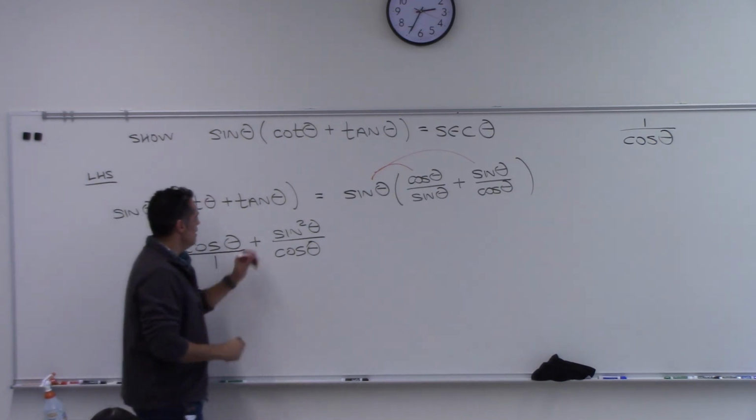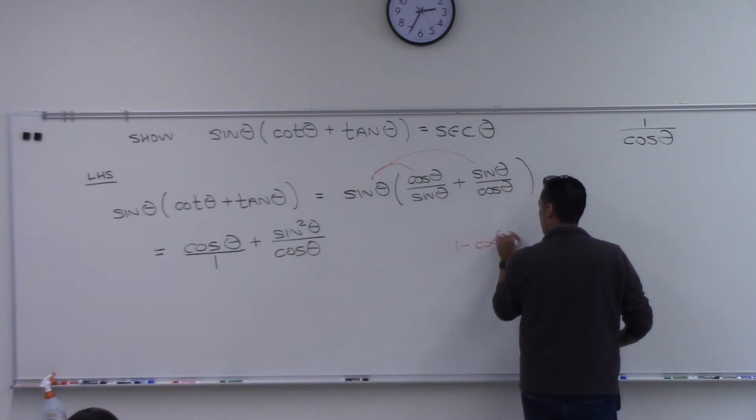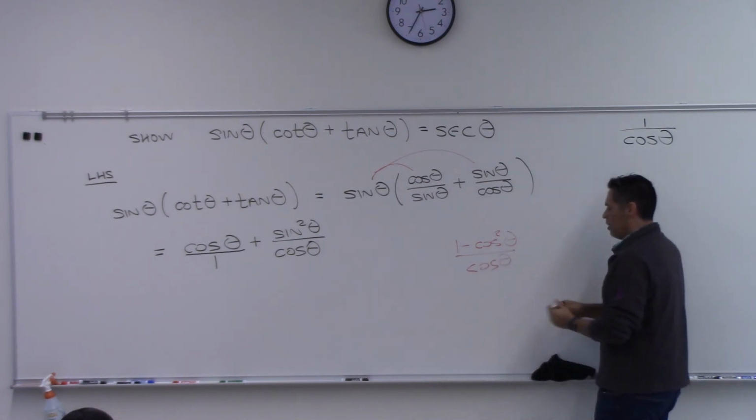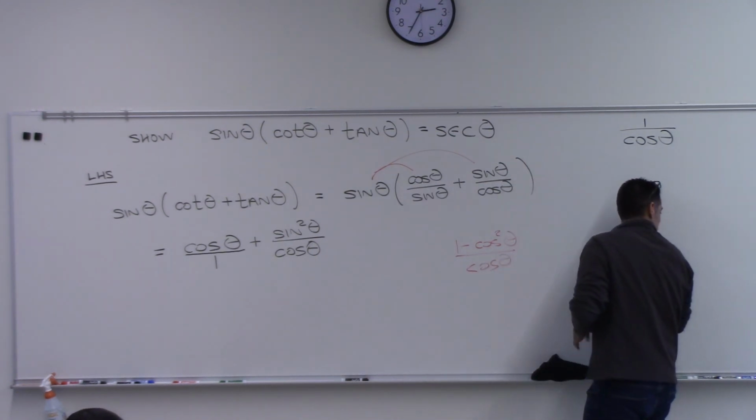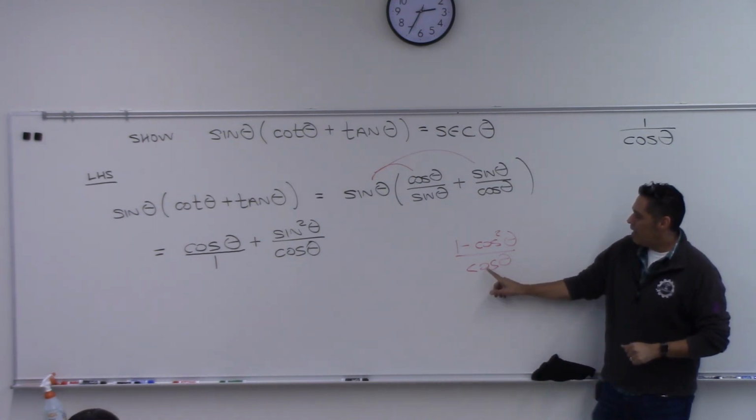Because the other way, if I look at the other way, cosine theta, that's a terrible marker. It's the closest I've been all semester. All right, if I do that, that's just this one, right?